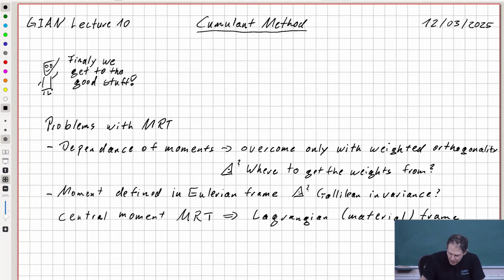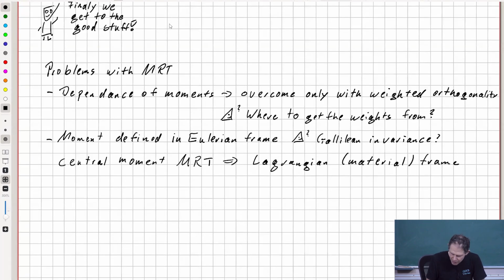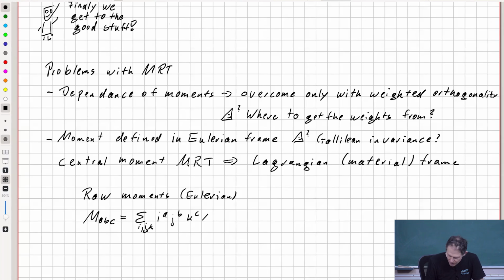As a reminder, but now you all should be very familiar with this, we have the raw moments. They are Eulerian. We call them M_abc, and they are the sum over the indices i, j, and k, of i to the power of a, j to the power of b, k to the power of c, into f_ijk.